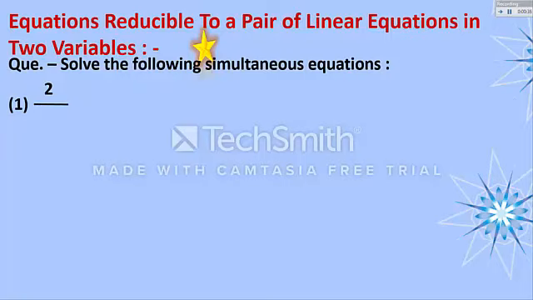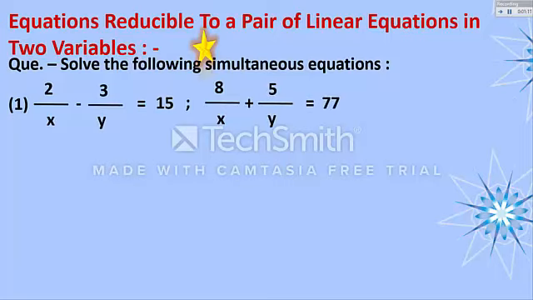First example, 2 divided by x minus 3 divided by y is equal to 15. And another equation, 8 divided by x plus 5 divided by y is equal to 77.